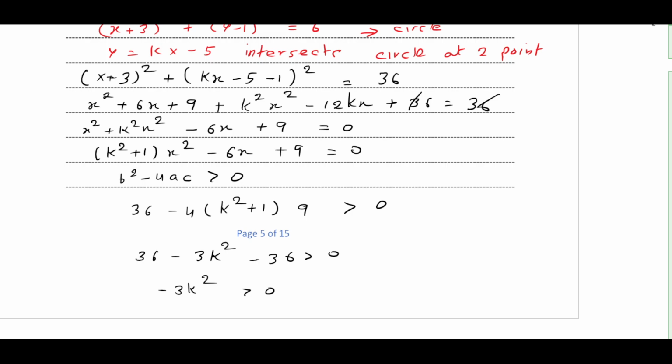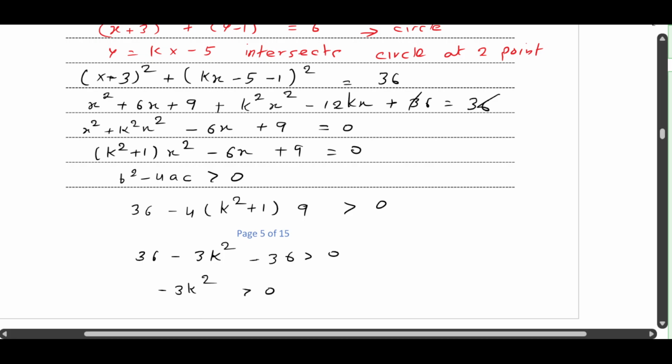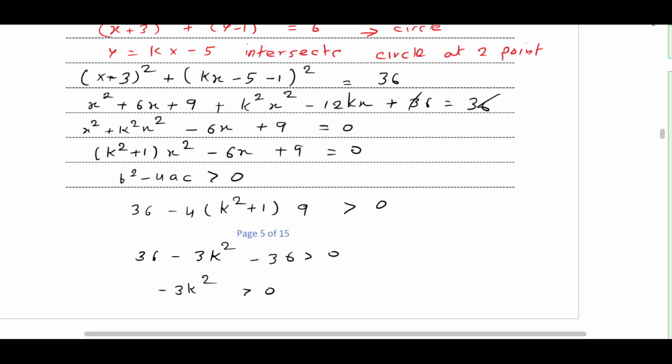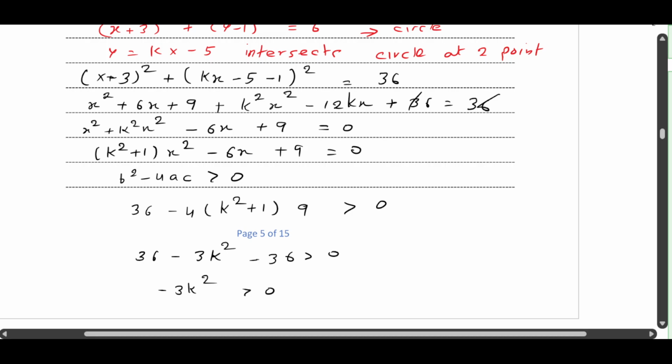If I am making some mistake, it is quite possible. Just check what mistake we are doing. Yes, I identify my mistake.